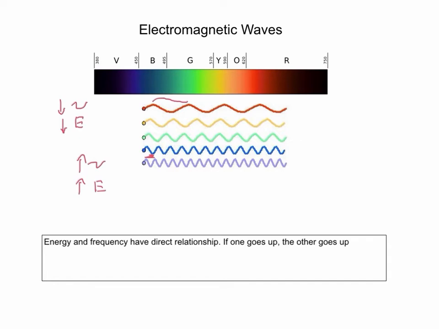So this tells us that wavelength and frequency have an inverse relationship. If one goes up, the other goes down.